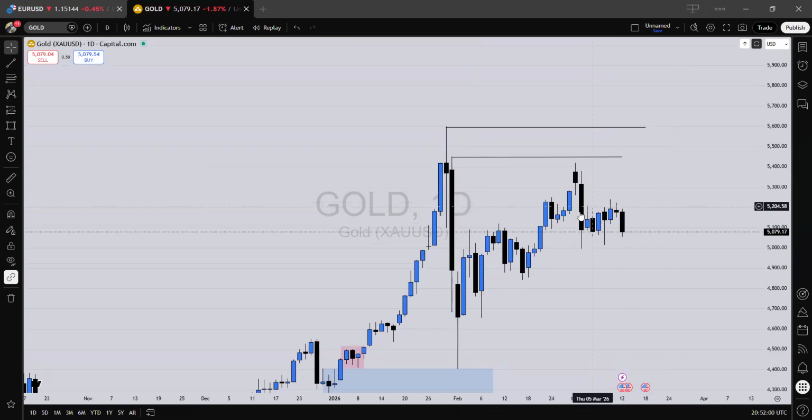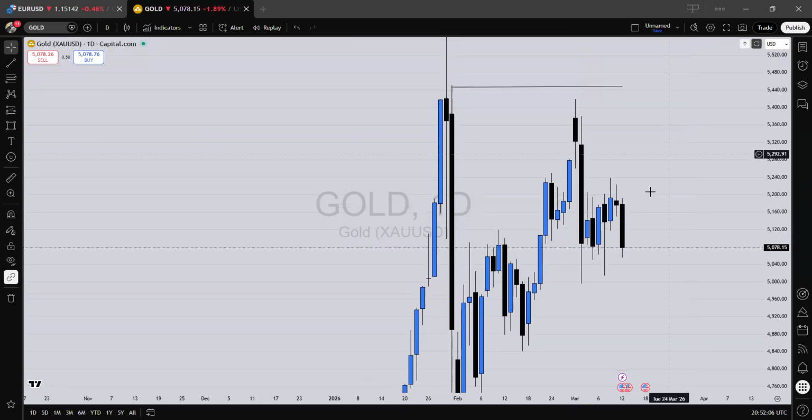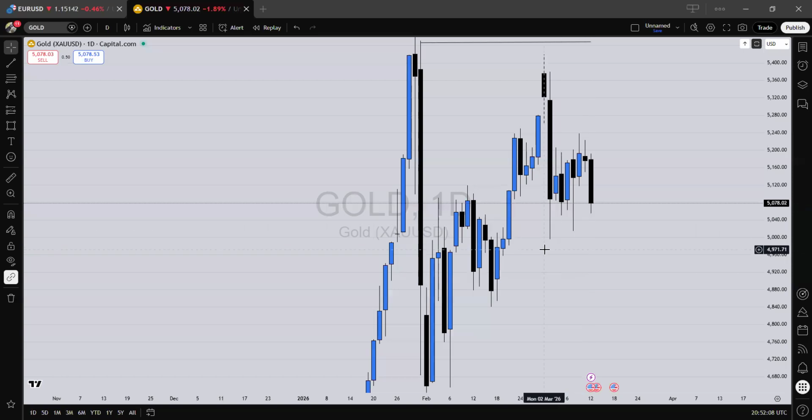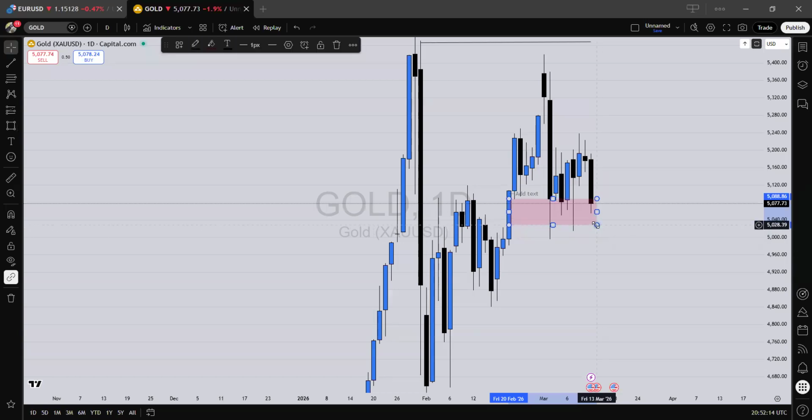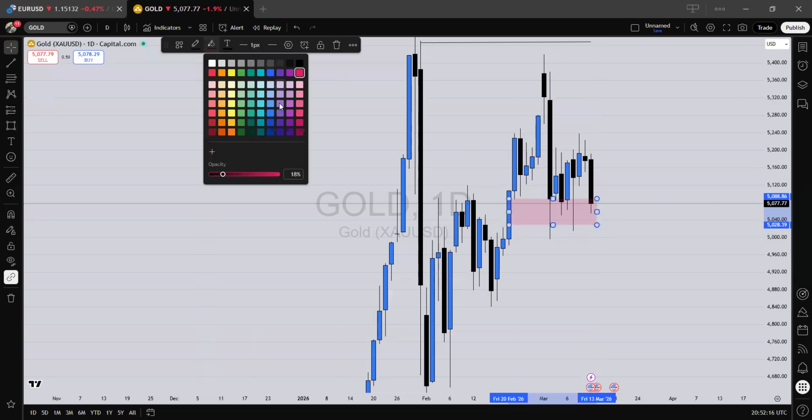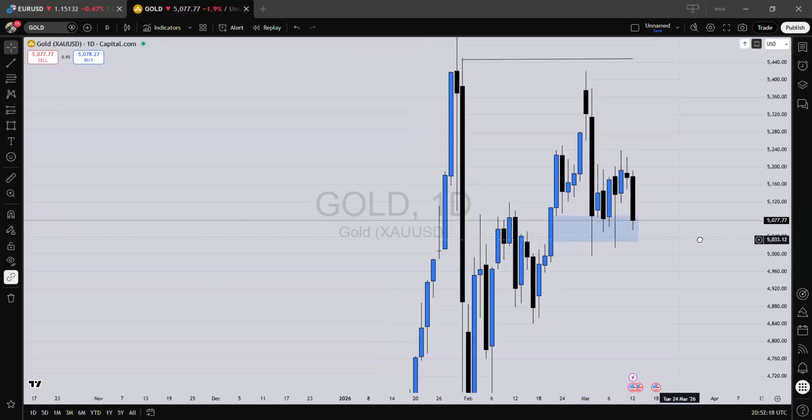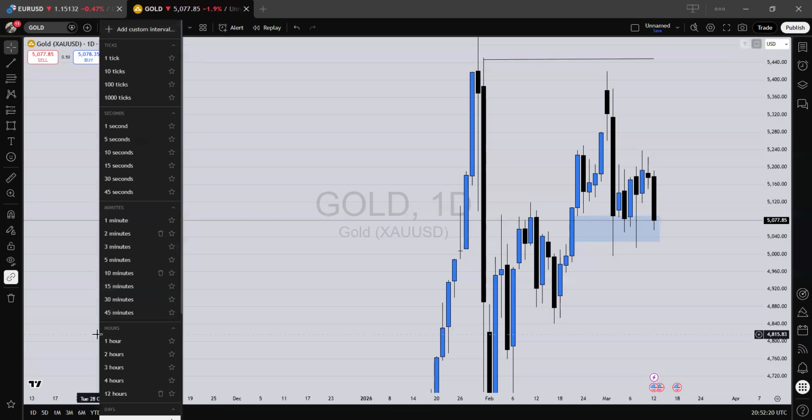I was even looking at this level before this drop. Right now, I'm looking at price not closing below this fair value gap. I already mentioned it in my channel, but they will not really understand why I actually said that.